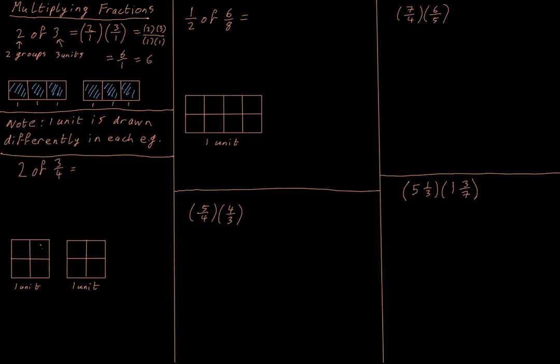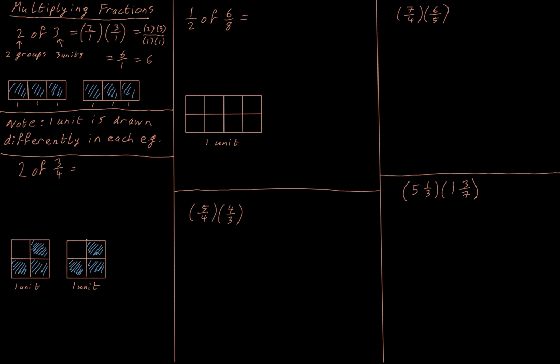Well, what does 3/4 look like? 3/4 would be 3 of our 4 boxes in our unit colored in. So that's 3/4 of one of the units, and that's 3/4 of the other unit. And we have 2 of these. So we would have 1, 2, 3, 4, 5, 6.